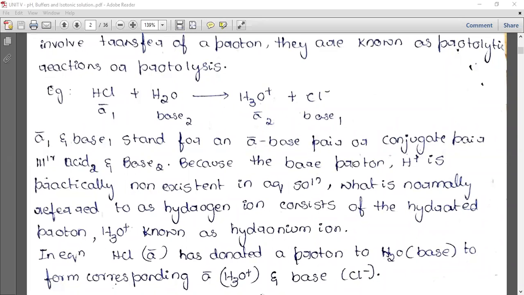Such acid base pairs, we call them conjugate acid base pairs.